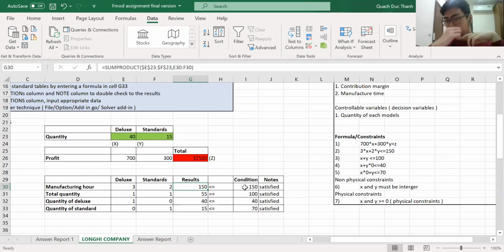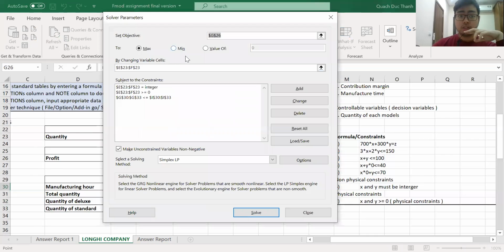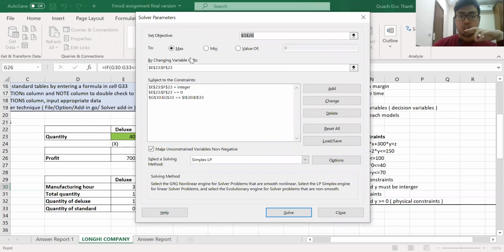For the condition, we use the IF function. If the range row in the result is smaller than or equal to the condition, it is satisfied, and if not, it is not satisfied. To check whether the data is right, we use the Solver technique. Solver also has three parts: set objective, change variable cells, and subject to constraints. The set objective, G26, is the total in the objective table.